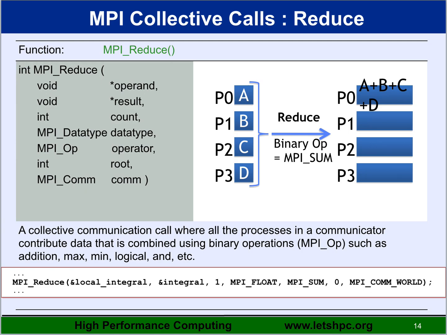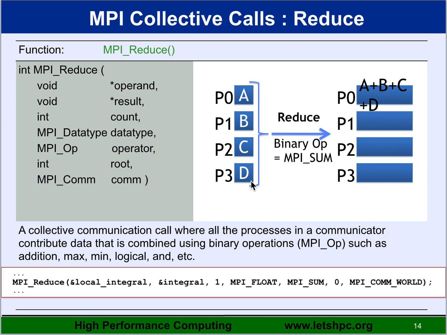What we want to do here can be understood with the help of this schematic. Suppose you have four values which are present at these four processes. Process 0 has A, process 1 has B, process 2 has C, and process 3 has D. And we want to find the sum of all these four quantities.